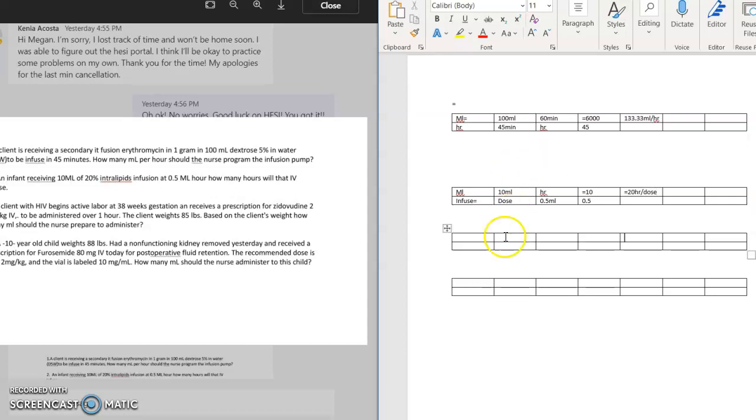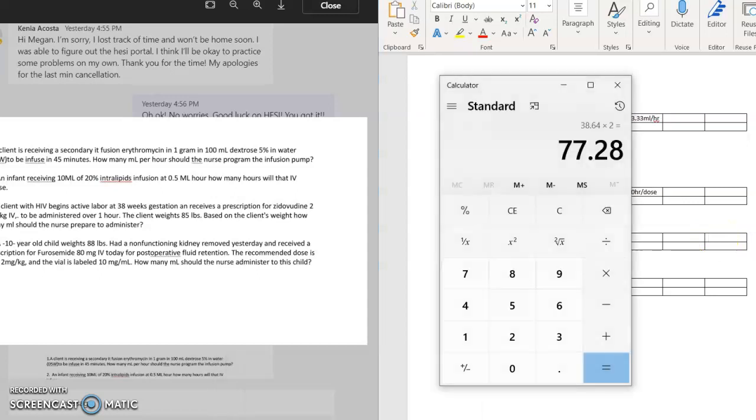And then this third one, I had some trouble with the third one because I think we're missing a component. It says a client with HIV, all this is fluff, okay? So you just need to say, it's 2 milligrams per kilogram, and your patient is 85 pounds. Anytime I see pounds in a dosage calculation question, I just convert it to kilograms right away, because it's going to go off kilograms in almost every weight-based dosage calculation. So 85 divided by 2.2 for your kilograms is 38.64, rounded to the hundredth.